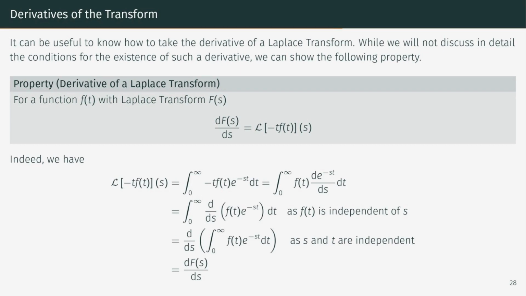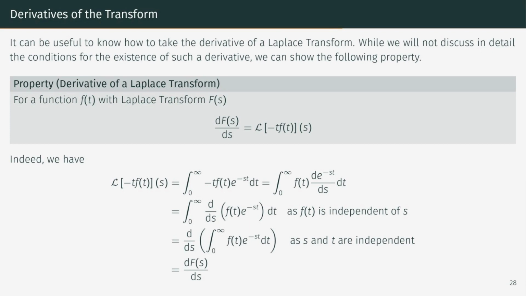The Laplace transform of negative t f(t) equals the integral of negative t f(t) e^(-st) dt from 0 to infinity, which we can then rewrite as the integral of f(t) times d e^(-st)/ds dt from 0 to infinity.